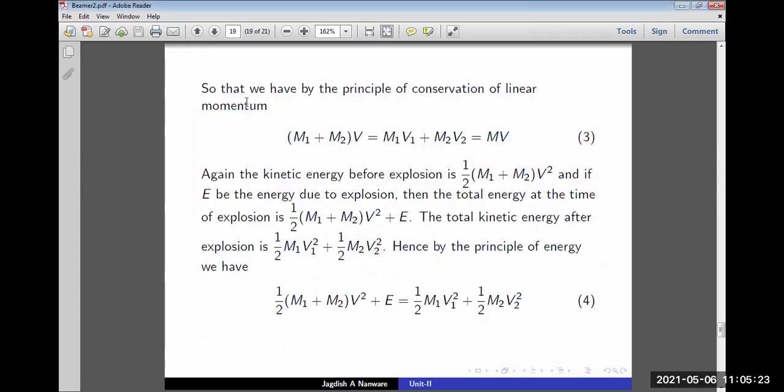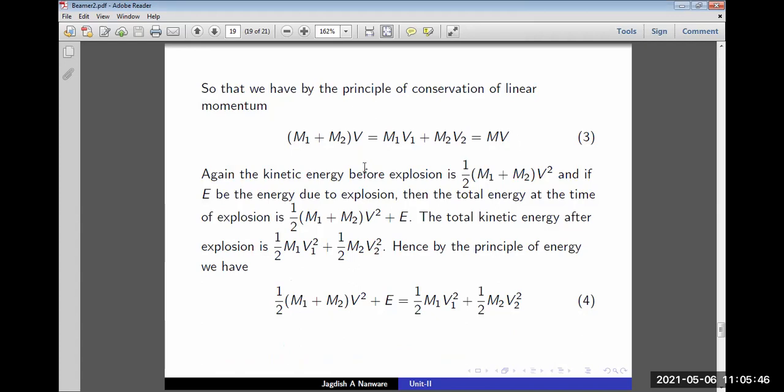By the principle of conservation of linear momentum, the mass of the shell before explosion into velocity is equal to the linear momentum after explosion, first portion plus second portion. This is equal to capital M into V.